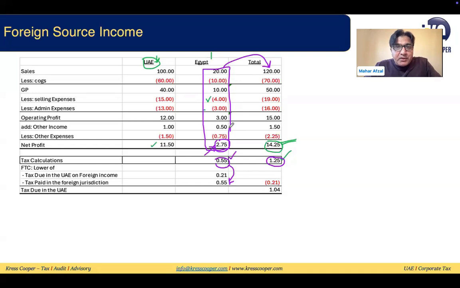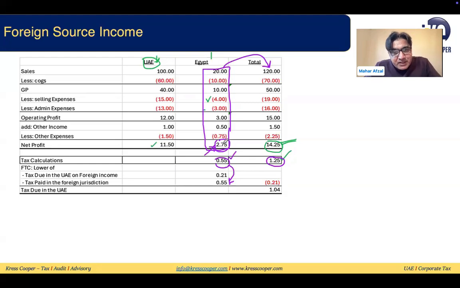So this net profit you need to rework to arrive at the taxable income from Egypt.